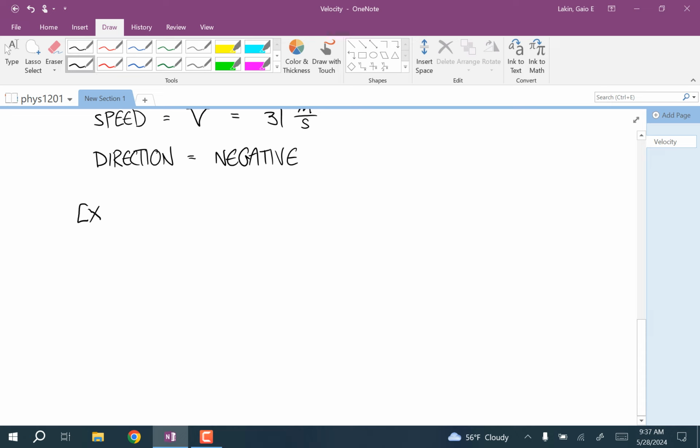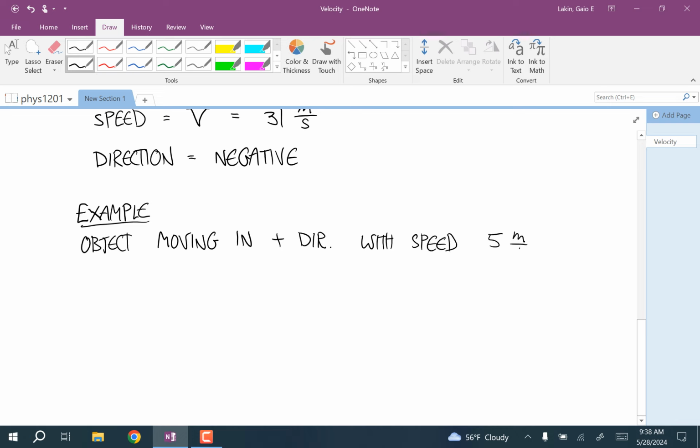Let's do another example that's maybe typical of what I would give you. So let's say that an object is moving in the positive direction with a speed of 5 meters per second.